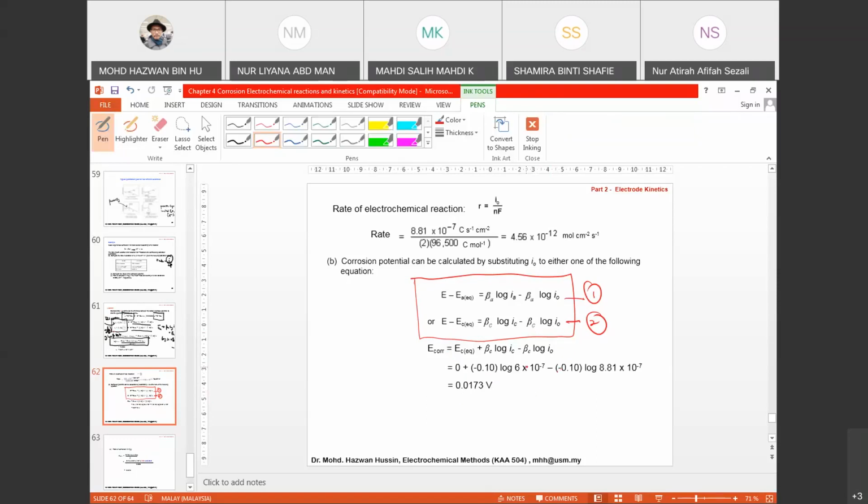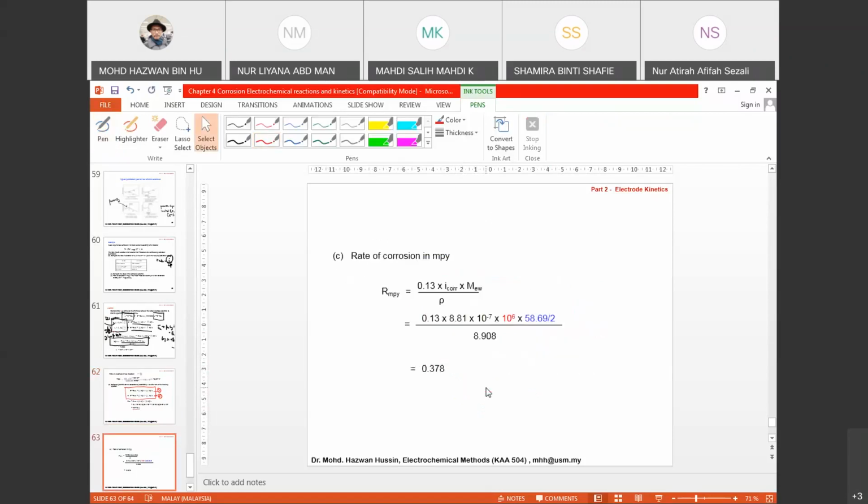The exchange current density, yes, and the potential value is equal to 0, because I put it in for hydrogen. That is why it's equal to 0. So you can try after this whether you can get this value.